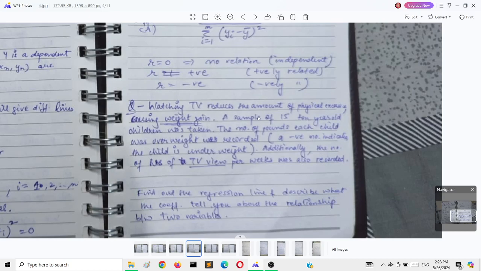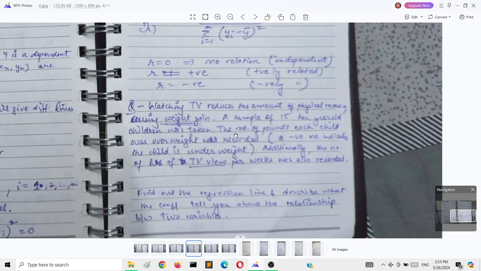So let's understand with an example: watching TV reduces the amount of physical exercise, and in that case increases weight gain. A sample of 15 ten-year-old children was taken, and there is a study that says if you watch TV you will lose physical exercise, and it will create weight gain on your belly.